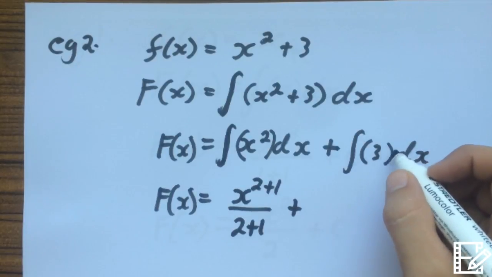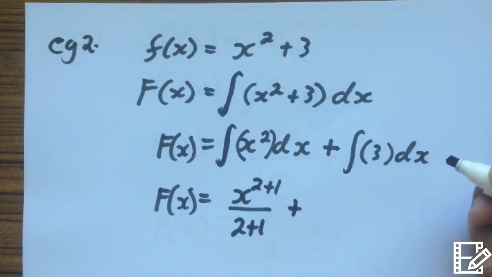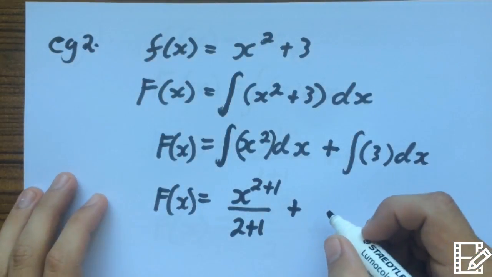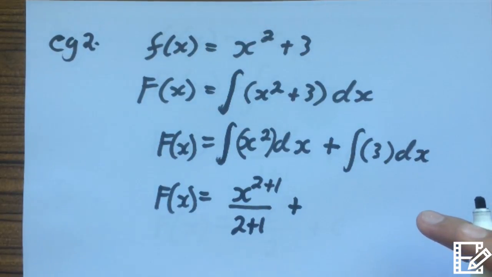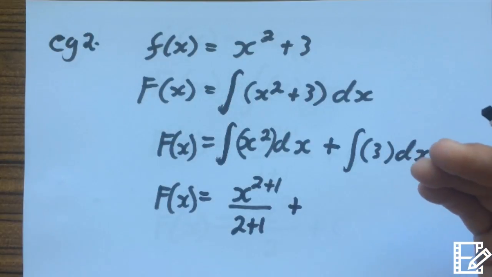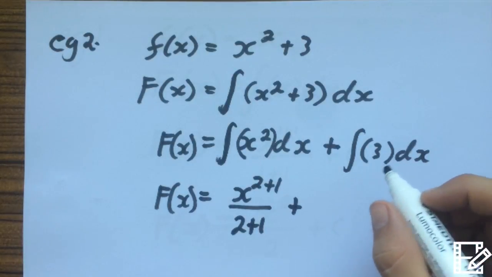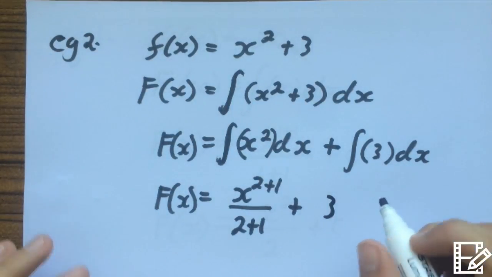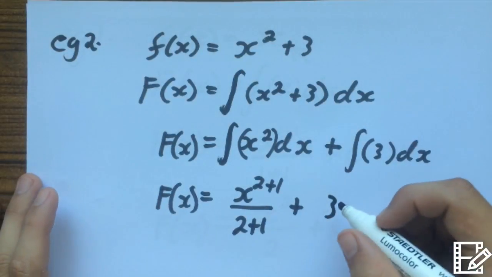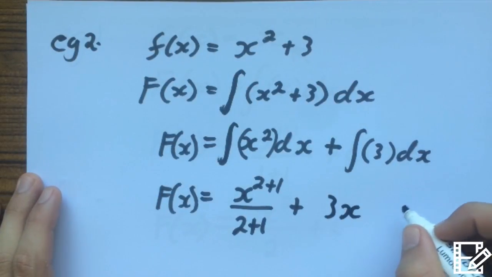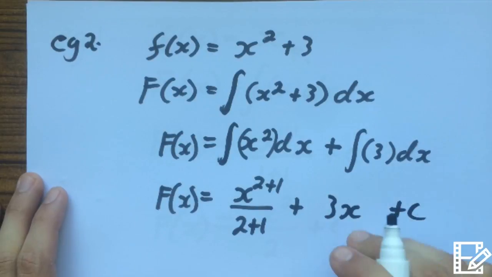Because there is no x on this, we just add an x, because of the rule, I think it's the rule of constants, where if you find the integral of a constant, you just add an x and then a plus c.